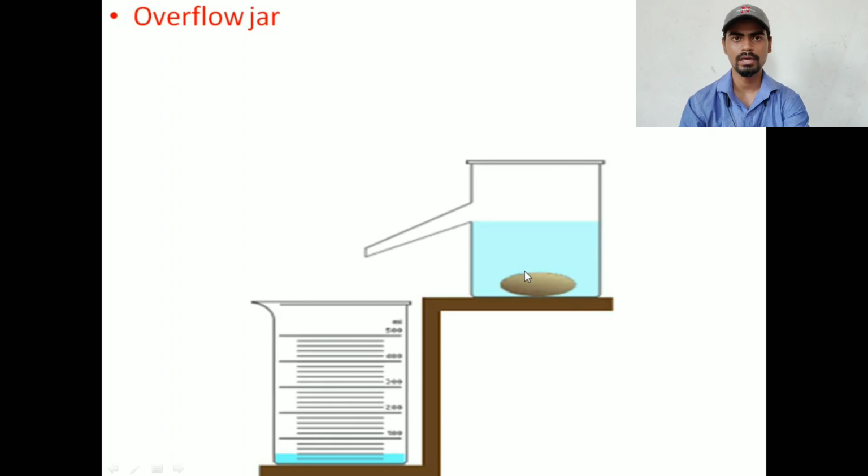As soon as you immerse the irregular solid, or any regular solid, into it, the amount of water equivalent to the volume of the solid will rise, and obviously the raised liquid is going to overflow from this point and fall into this jar. After taking this jar, you can read the measurement from it and say how much the volume of that particular solid is.